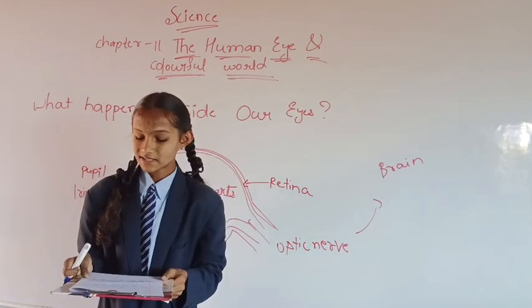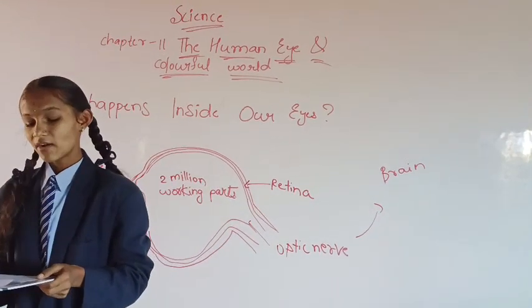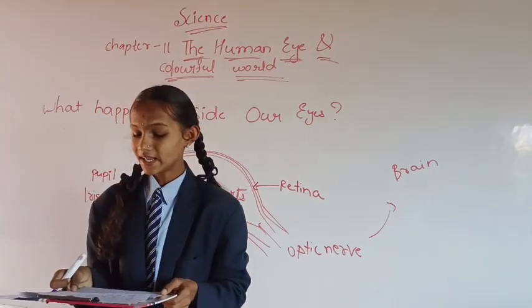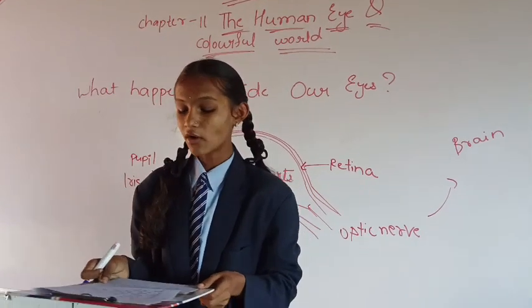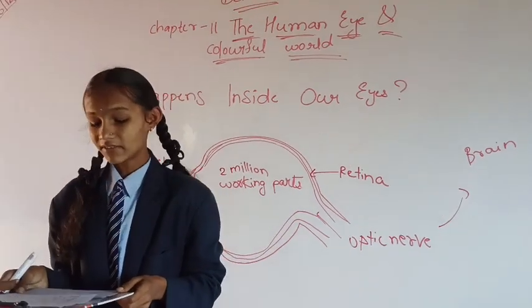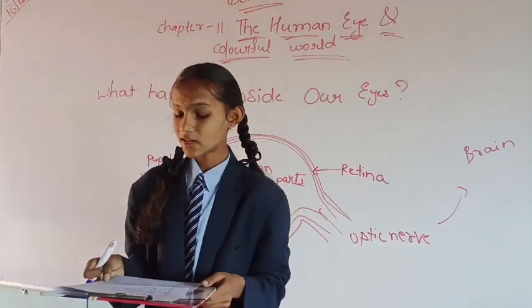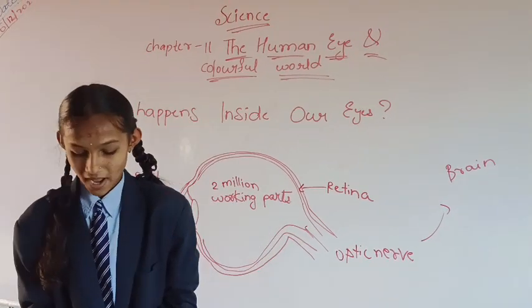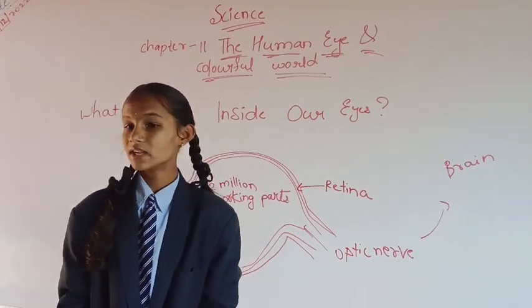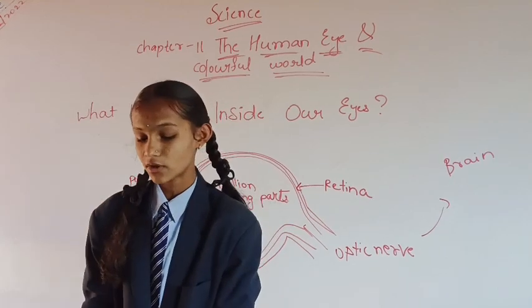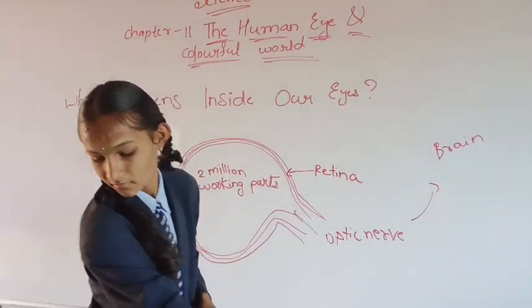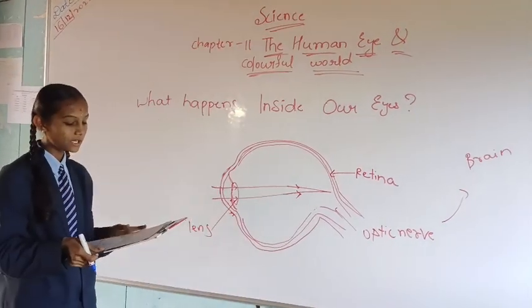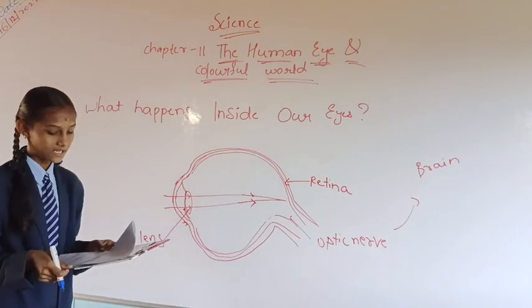A biconvex lens is the type of lens found in the human eye, and it is responsible for forming real images. It works by focusing light rays on the retina. The pupil changes its size to let in more or less light.